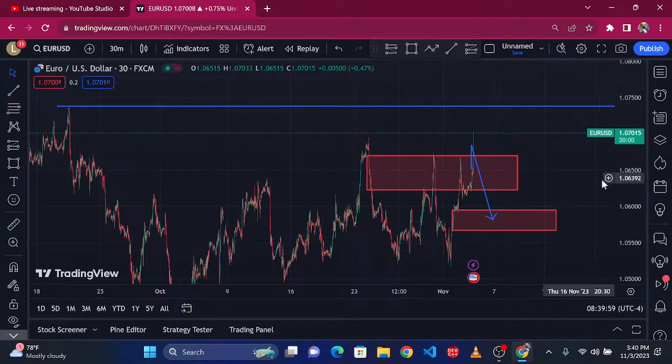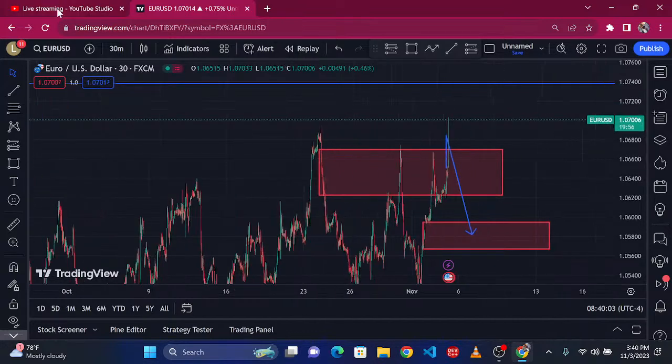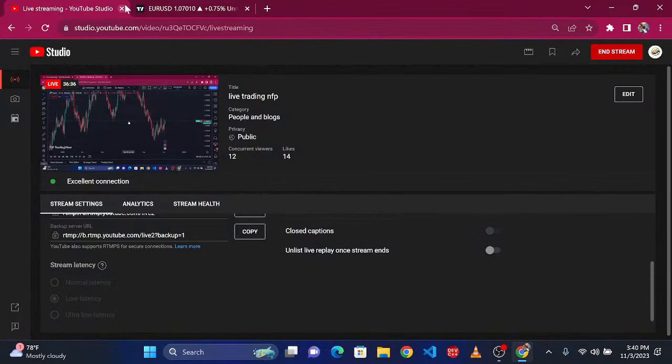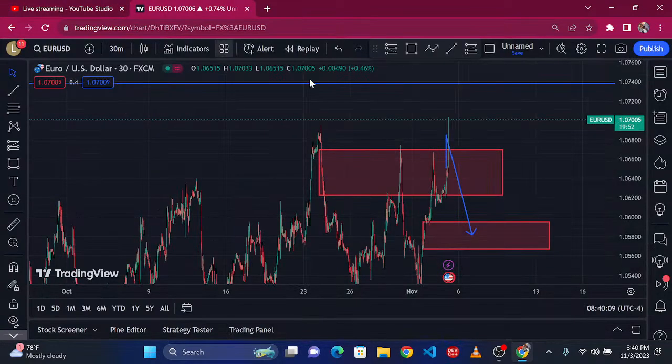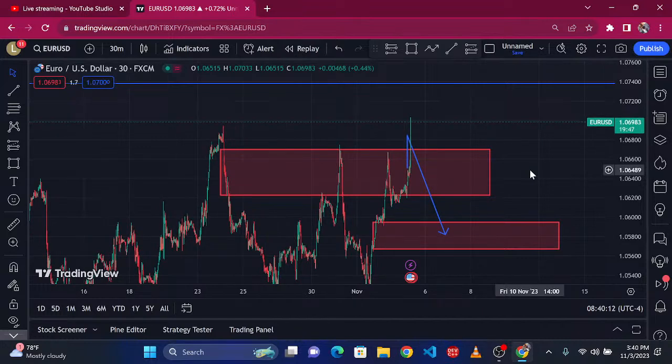This is my stop loss, reaches there, I am out. Let's give this a wait.